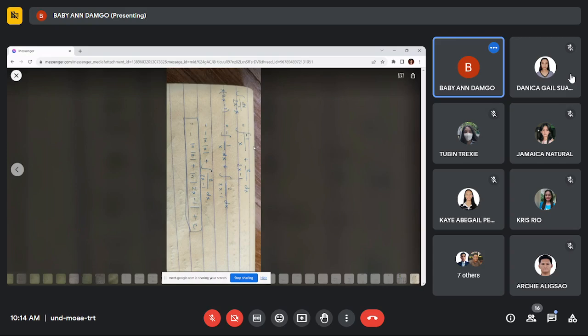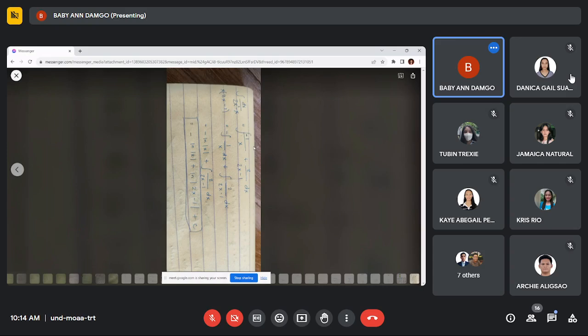So this can be written as 1 over 2x squared minus x. The factor is x times 2x minus 1. By partial fraction, this can be written as a over x plus b over 2x minus 1.